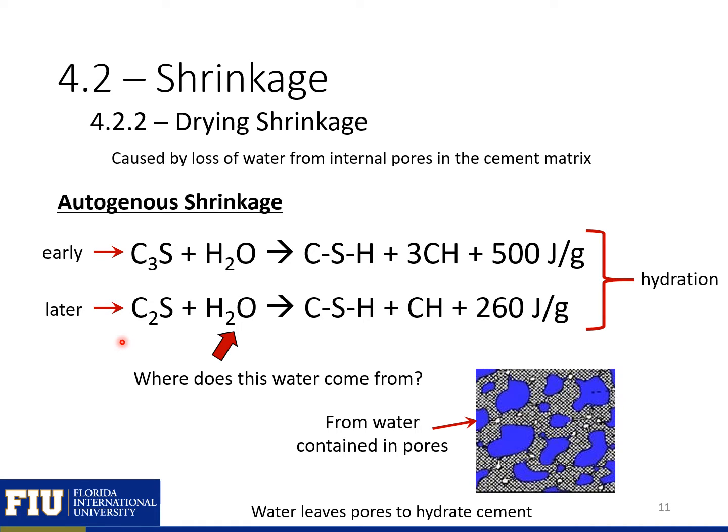Early on, it's free water before the final set. But after final set occurs, the additional water comes from the internal pores. And as the water is pulled from these internal pores, we have a pore water pressure that drives our shrinkage.